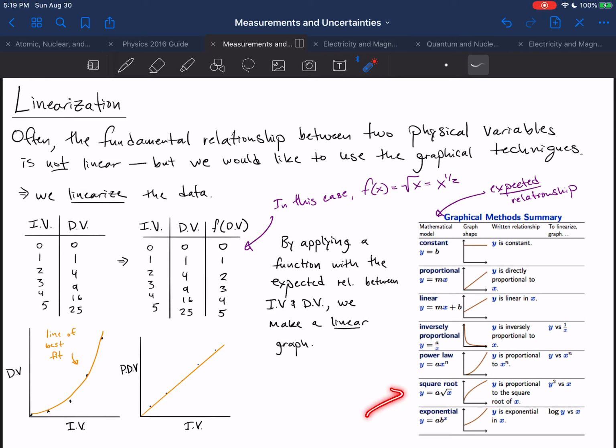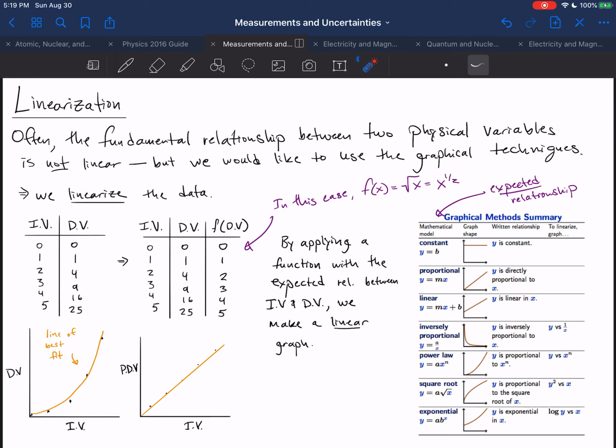Notice that a square root is a particular case of a power law with power equal to 1/2. And so you can see that here. Y to the 1 over n, that is y to the 1 over 1/2, is y squared.